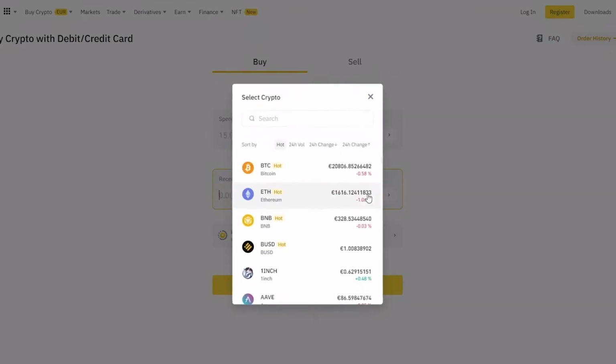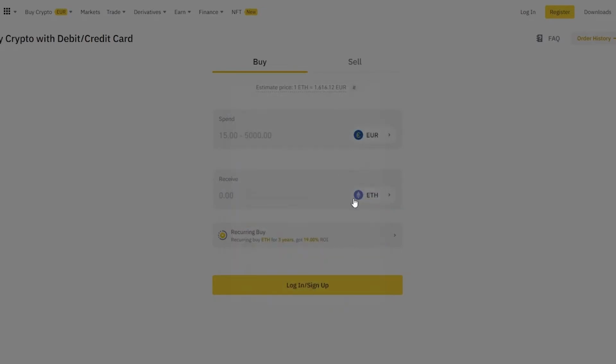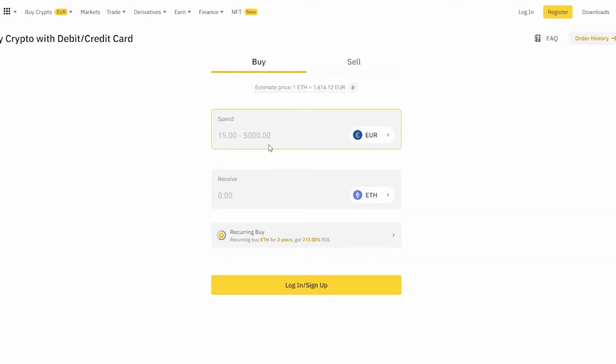You can also see the trades and prices they have on the right side. You can just choose them, and then you're going to choose the amount of fiat currency that you want to spend. So for example, let's say 1,000, and look at that, it converts your 1,000 fiat currency, in this case 1,000 euros, into the amount of Ethereum you're going to get.